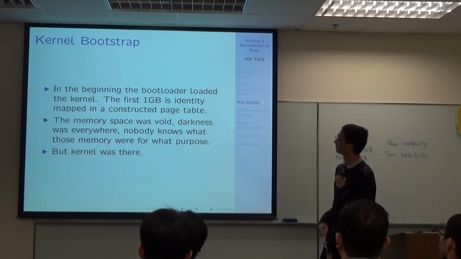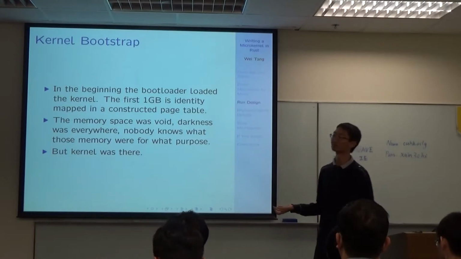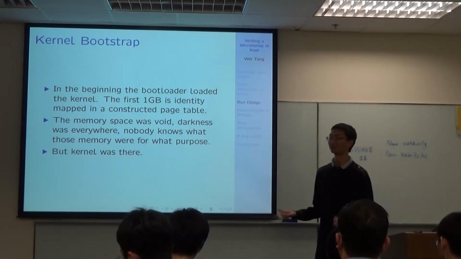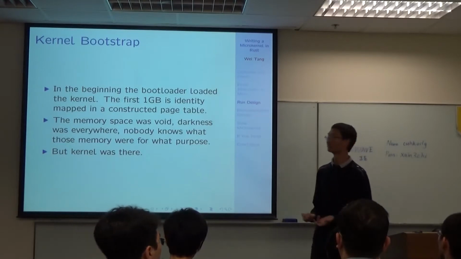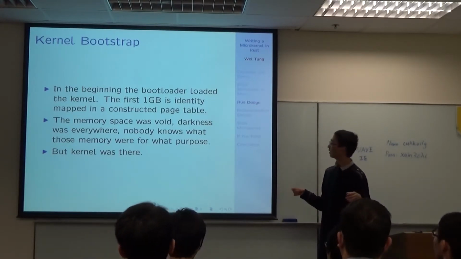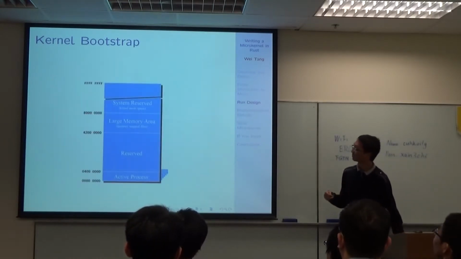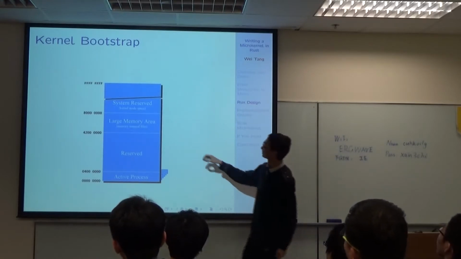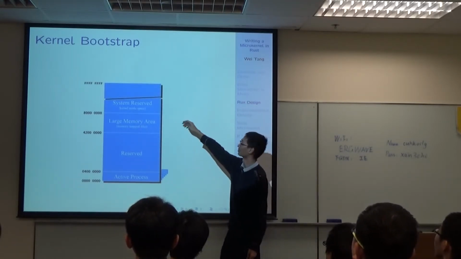And for the memory space, you don't have any information about it. So at that time, I basically create an untyped memory capability for the whole memory region. This is now the actual address layout, for presentation purposes.